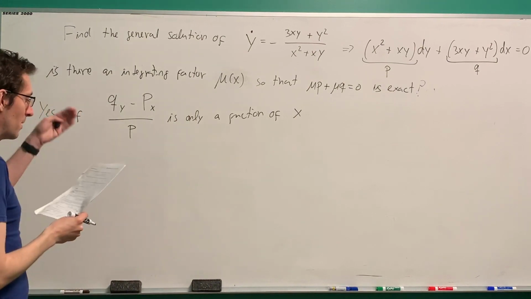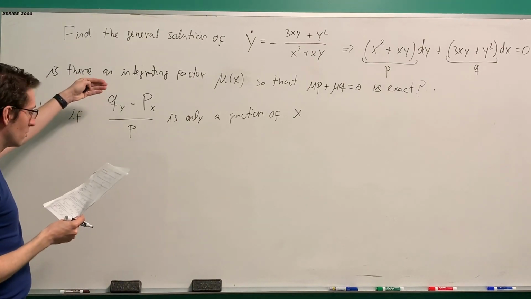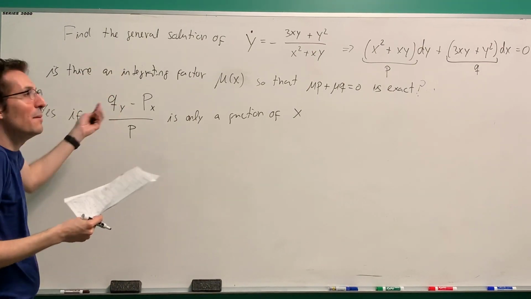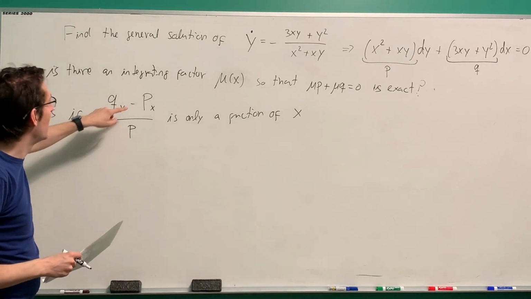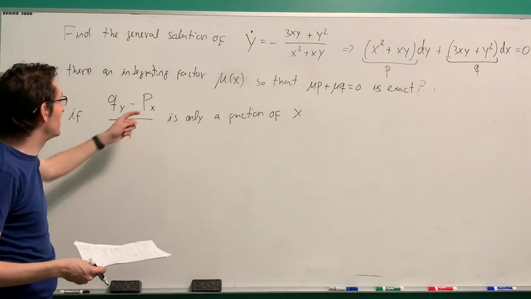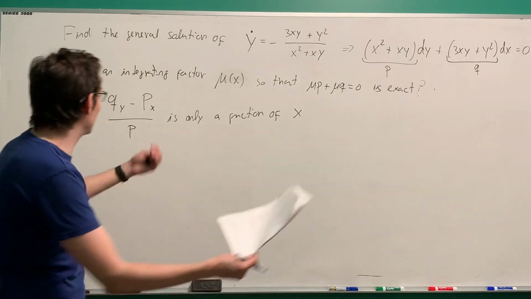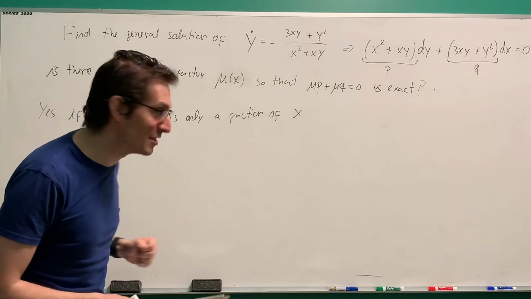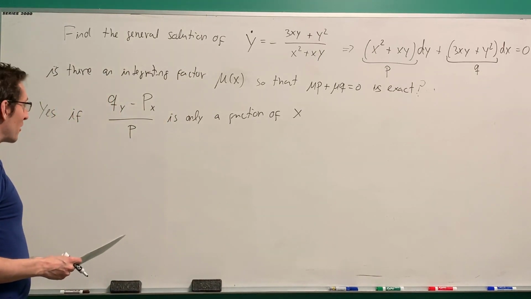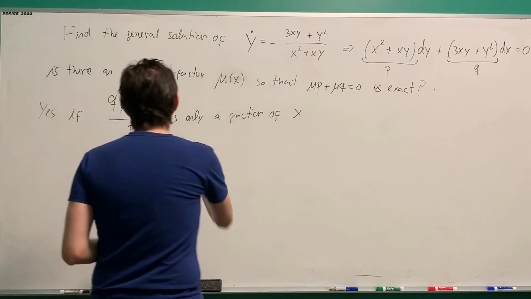Remember, in the previous board we had q sub x minus p sub t, but it's the same as here, right? Because x was the dependent variable, now it's y, and t was the independent variable, now it's x. This is on purpose in the example, so you see that the name we give it is not important. What is important is the role they play in the equation. All right, so let's check that.